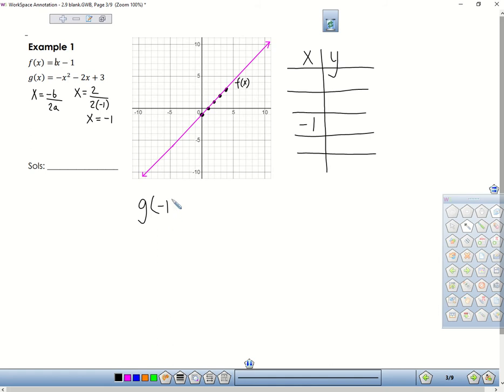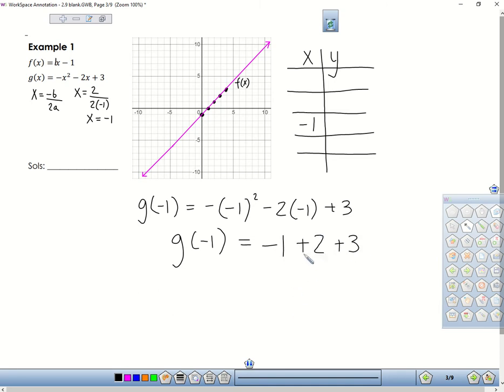So g of -1 is equal to -1 squared minus 2 times -1 plus 3. g of -1 is equal to -1 plus 2 plus 3. This is 4, right? So that's how you find one point, which is your vertex.